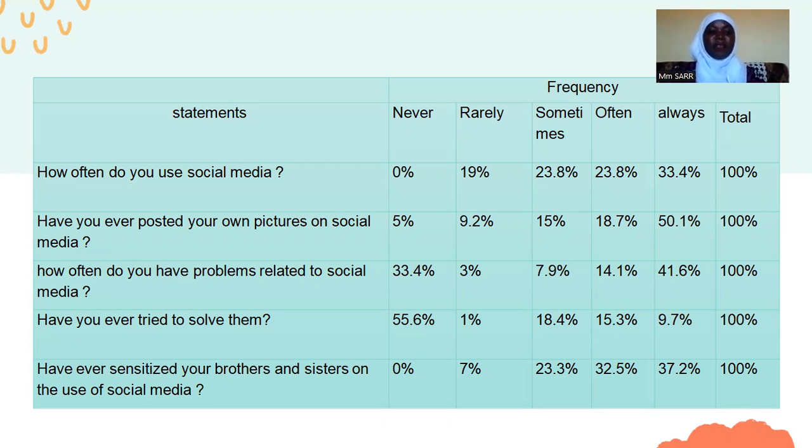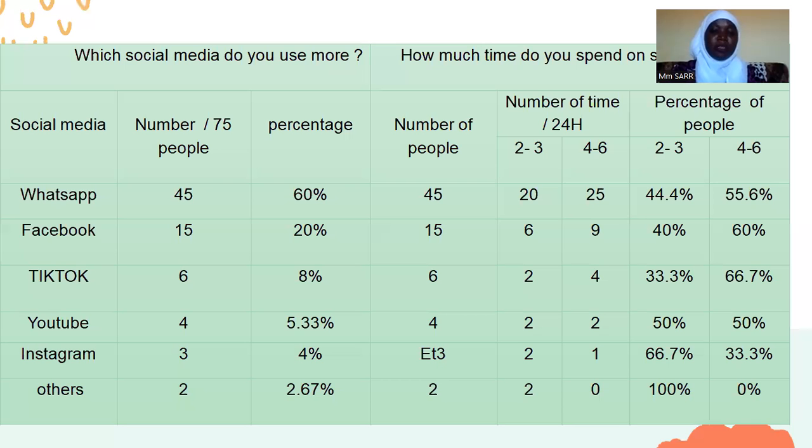And if they have ever tried to solve them, the rate of never outnumbers the others. Because when they have a problem, they prefer to leave and go to another social media instead of being here, quarreling, doing something that is not necessary.